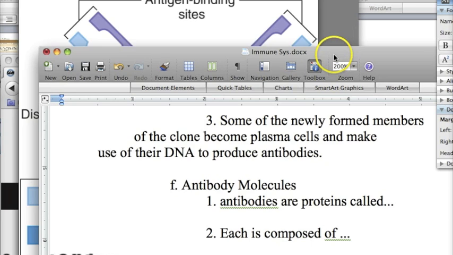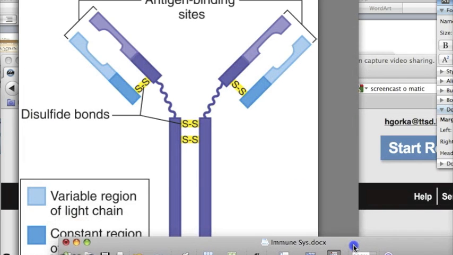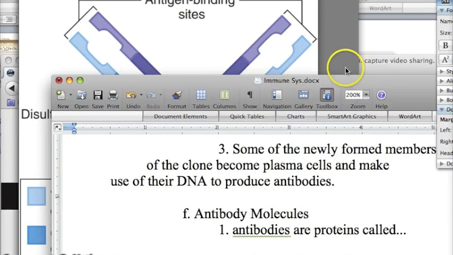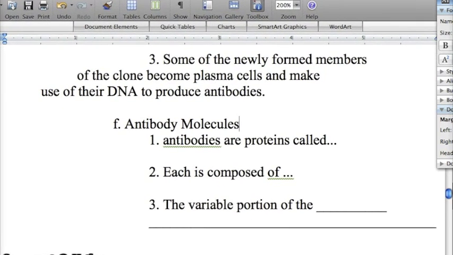I'm still here, just letting you draw. So 2 heavy chains, 2 light chains, variable regions, and constant regions. And if you didn't catch that, it is in your book.